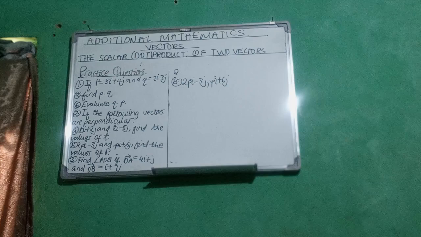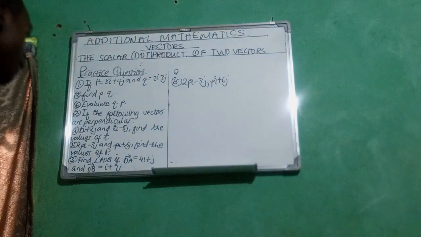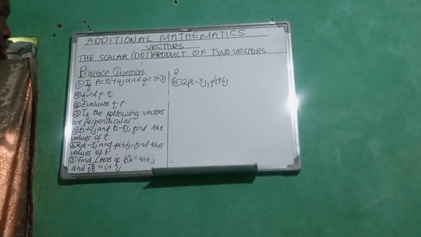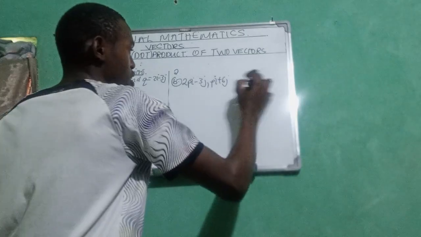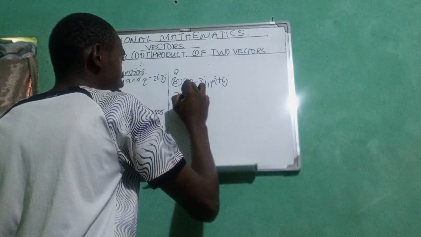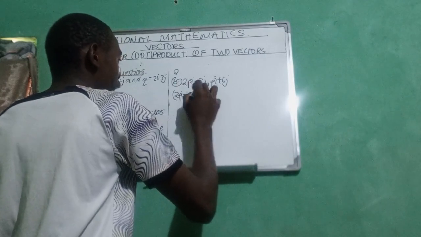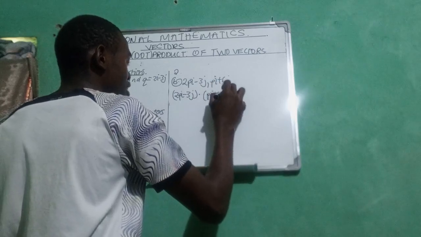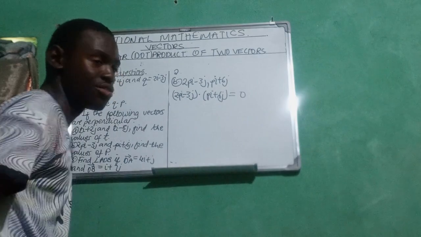We need to find the values of p. So it's the same question that's saying these two vectors are perpendicular. So it means that the dot product of these two, the multiplication 2pi minus 3j, we write like that, multiplied by pi plus 6j, should give you 0.